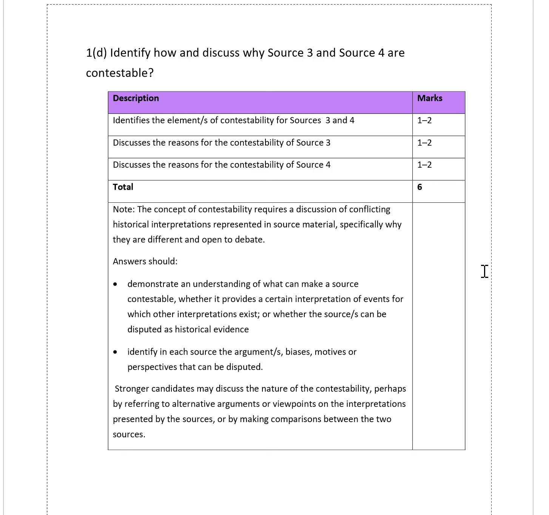When a piece of evidence can be disputed, then the bias would be extreme. So that's propaganda. Propaganda is going to tell us a lot, but it can be disputed as a piece of evidence. If you're using propaganda as all your evidence to construct a historical event, then people are going to look at it and go, well, hang on, the purpose of propaganda is to distort and manipulate the viewer's opinion.